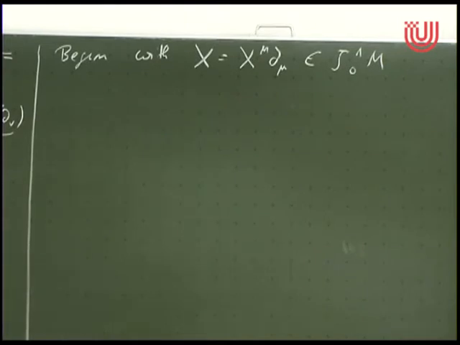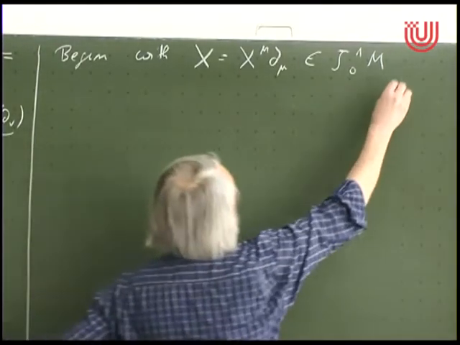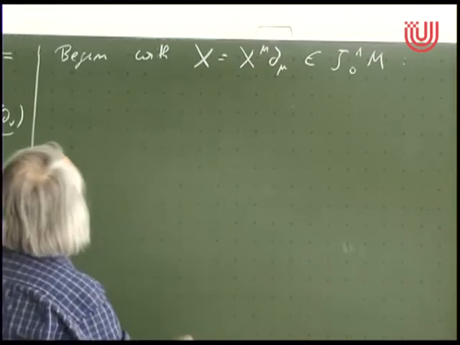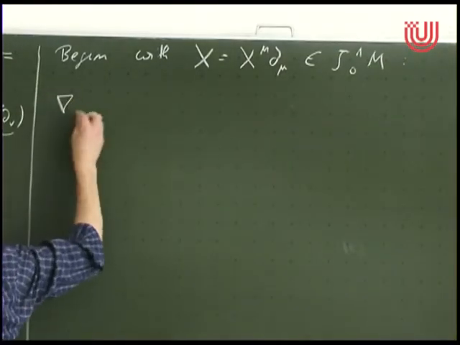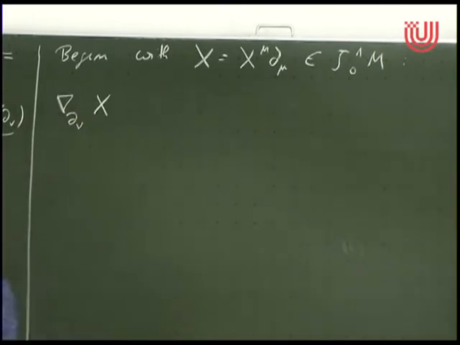I take the derivative with respect to a basis vector field ∂_ν, say. So I want to calculate what this is.